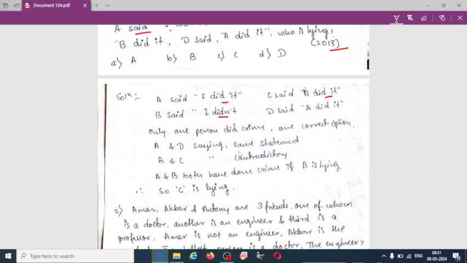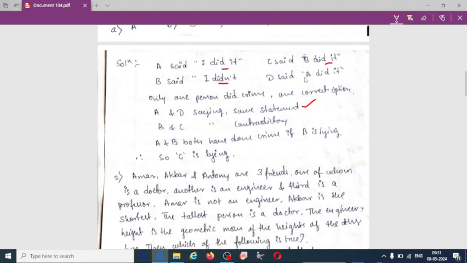They are agreeing with each other, so these statements are quite the same. Now B and C: B said I didn't, but C is telling B did it. These two must match, but they are contradictory.